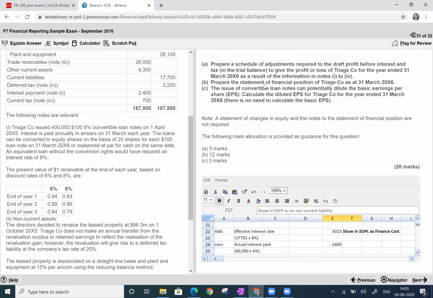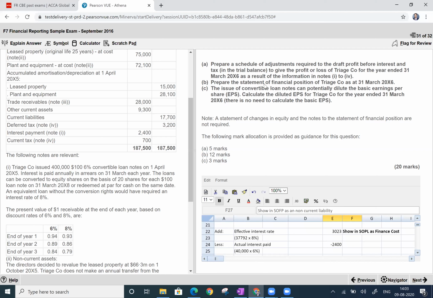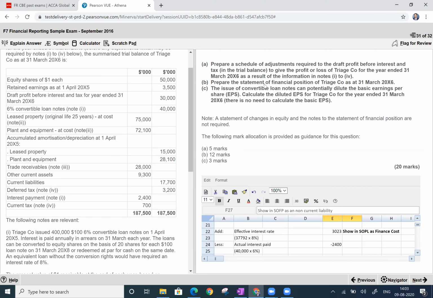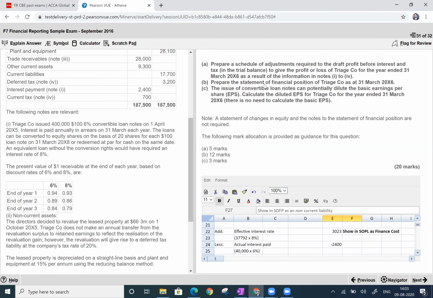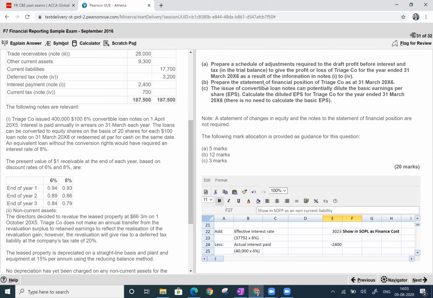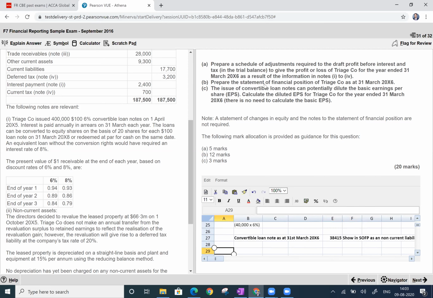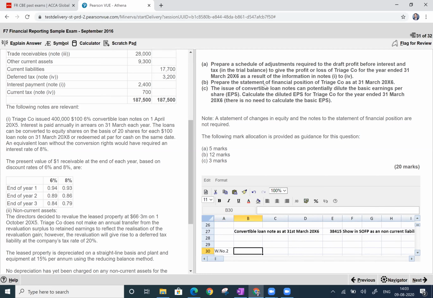So let's first focus on revaluation. Which asset have they revalued? They have desired to revalue leased property on 1st October 20X5. So the second working note will be with respect to revaluation. Working note number 2, revaluation of leased property.